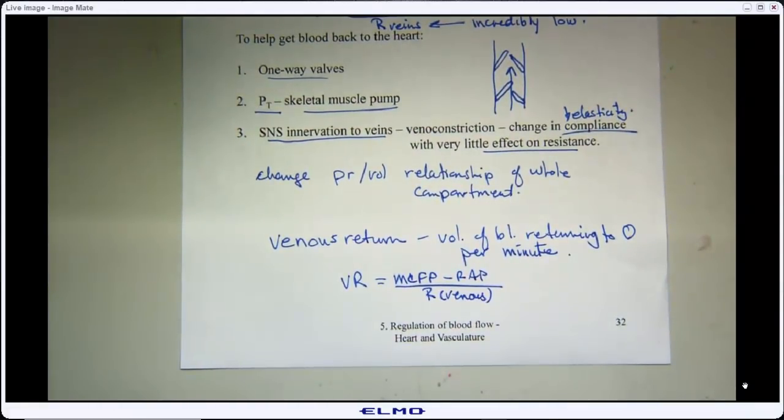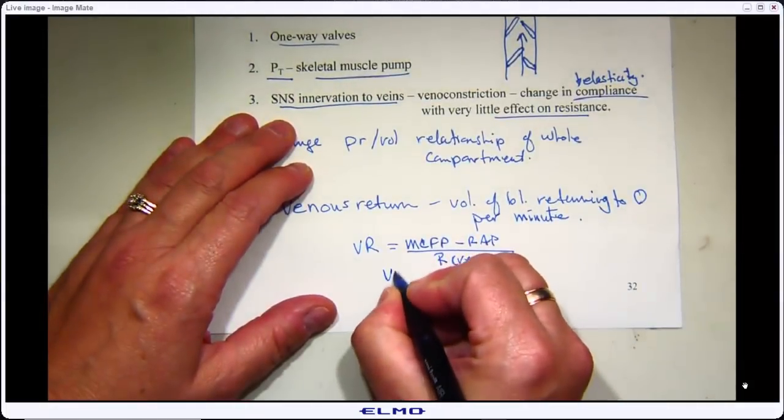Okay, this venous return is preload. Remember that word? This is what preload is. What we return to the heart is going to be what preload is. It's going to be end diastolic volume. Okay, so we've kind of come back full circle.